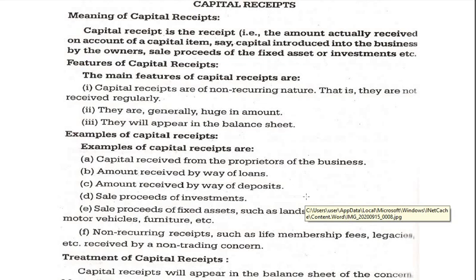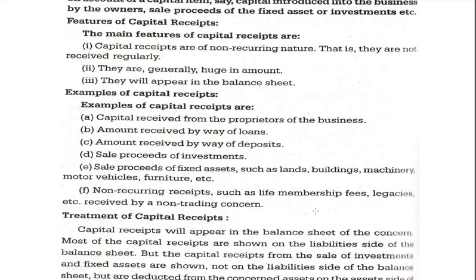Let us look at some of the examples of capital receipts. Capital received from the proprietor of the business. This is in the case of a trading concern, but in the case of a non-trading concern, any amount received from the members which is of capital nature. So capital received from the proprietors of the business is an item of capital receipt.